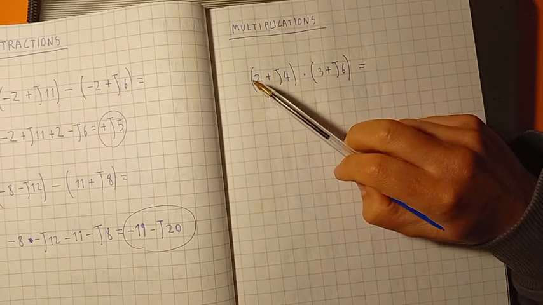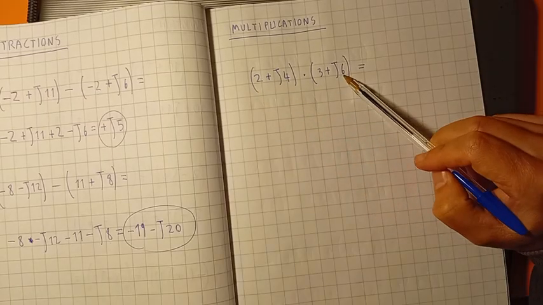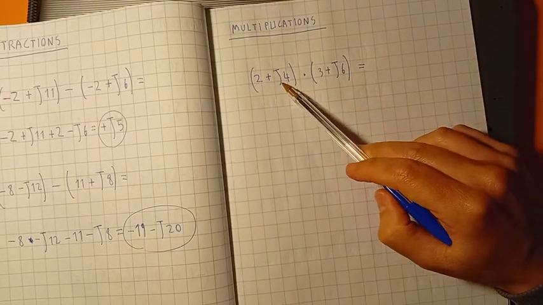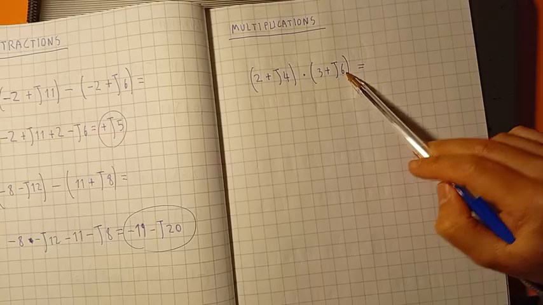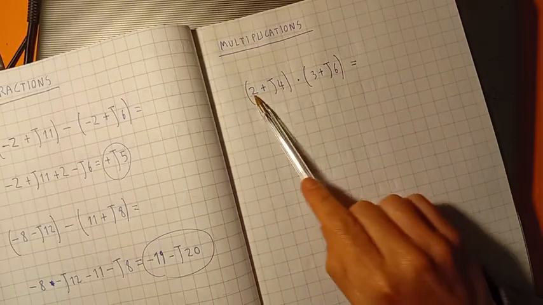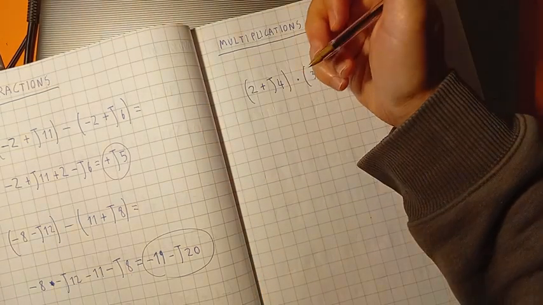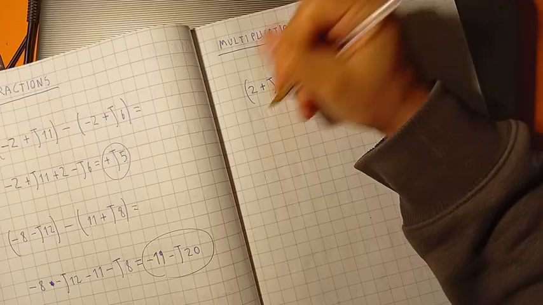The first thing you do is this. This one will be multiplied for this and then for this. Then this one will be multiplied for this and then for this. I'll show you. The first thing we're going to do is 2 multiplied for 3, which is 6.